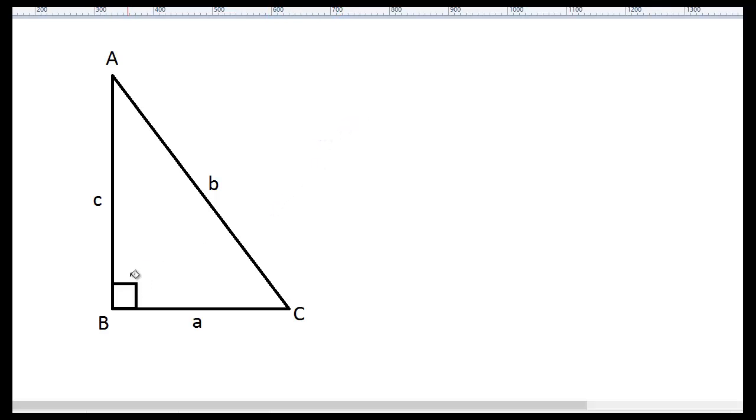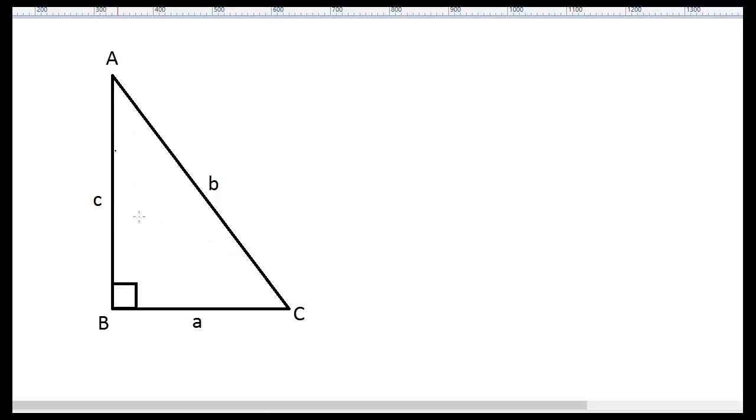Okay, that's how we represent that, to say that this is 90 degrees. Basically what we have is A, B, and C, all capitals, representing the corners of the triangle. And sometimes people will represent the sides and say A, B with a line over it or something like that to demonstrate that it's a line from A to B. Another convention that I like is to just label the sides a, b, and c as well.